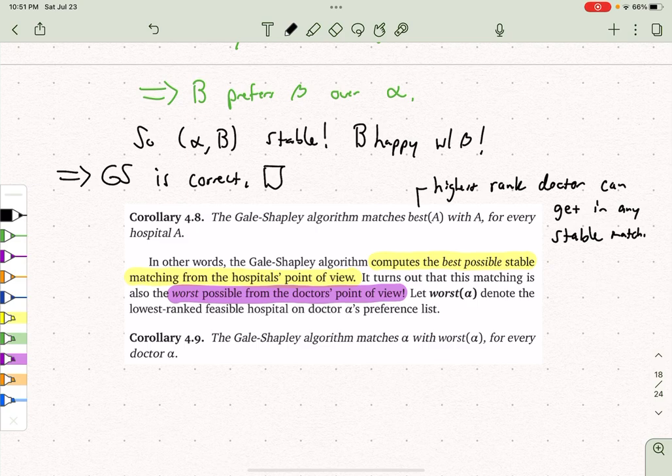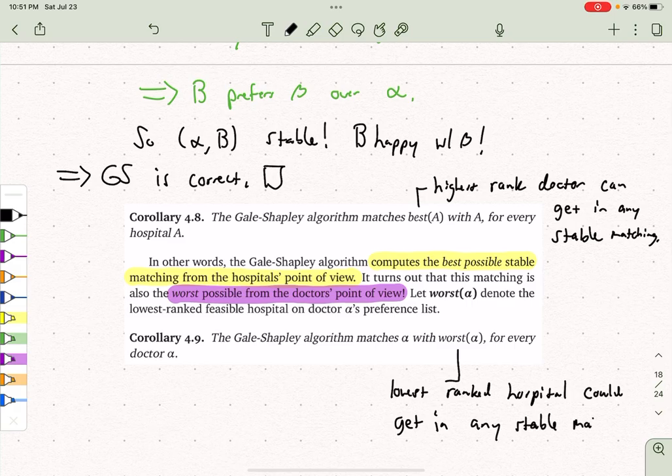So in other words, if it's possible for A to be matched with someone without it breaking stability, then this would be the highest ranked one it could get. Meanwhile, worst: this is the lowest ranked hospital the doctor could get in any stable matching.